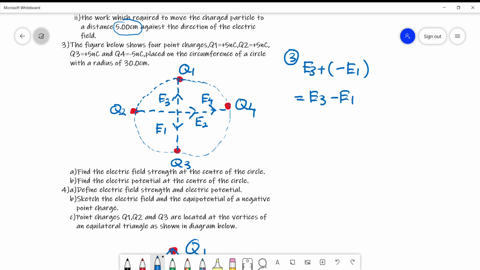This negative indicates the opposite direction of E1. So this is KQ3 over R square, and this is KQ1 divided by R square. For each charge, I can conclude that E3 minus E1 is equal to 0.